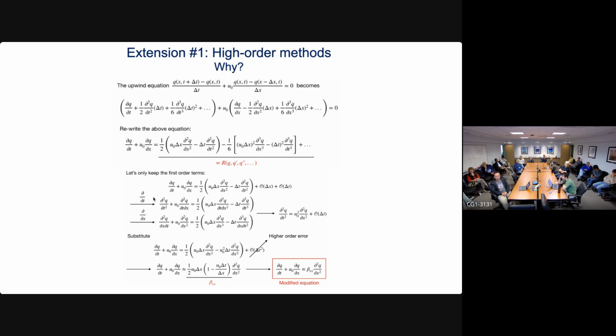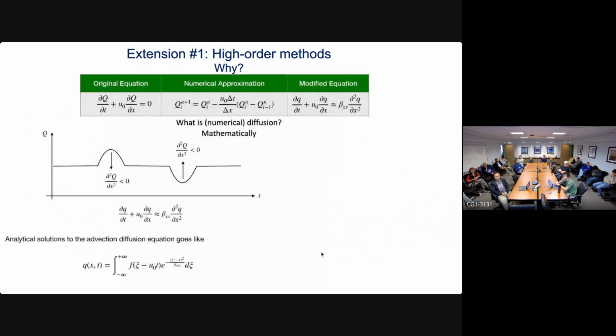I will not go through the details, but after all the algebra, the conclusion is that numerically solving the linear advection equation is effectively solving the advection diffusion equation because of the numerical truncation error, instead of solving the original linear advection equation.